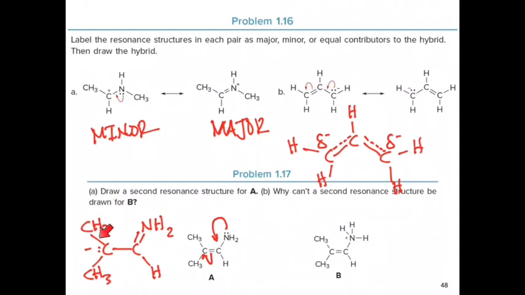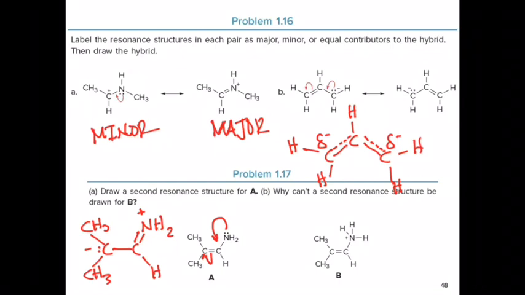This carbon owns a total of 5 electrons, and carbon has 4 valence electrons, so 4 minus 5 is negative 1. And then this nitrogen will gain a positive formal charge. This nitrogen owns 1, 2, 3, 4 bonds, or 4 electrons, and nitrogen has 5 valence electrons. So 5 minus 4 equals positive 1. So this is the second resonance structure for this molecule.